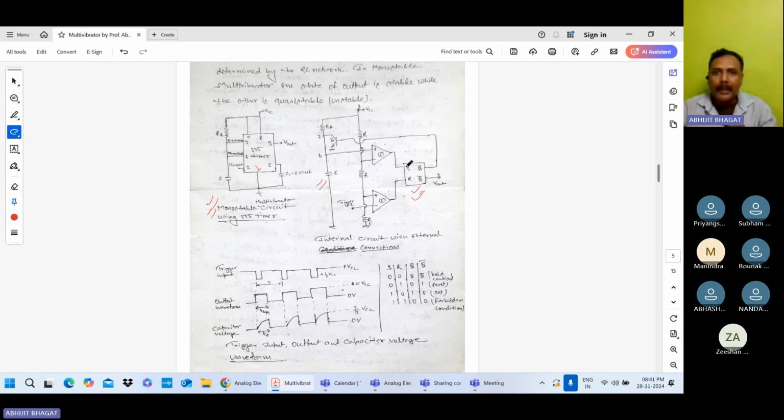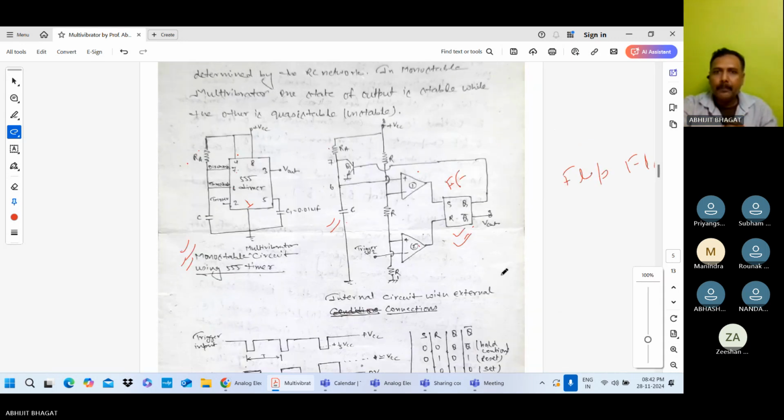So here an SR flip-flop is used. S and R are the inputs to the flip-flop, and Q and Q bar are the outputs of the flip-flop. So these are the components used in the internal circuit.